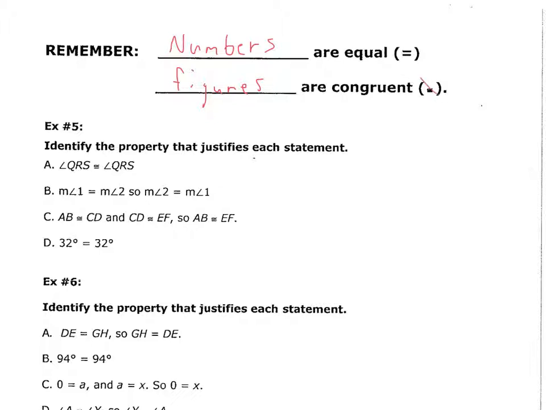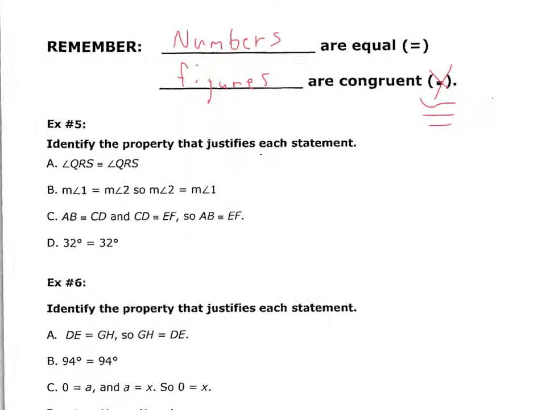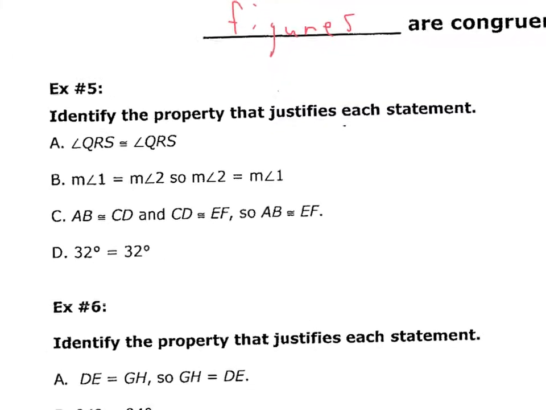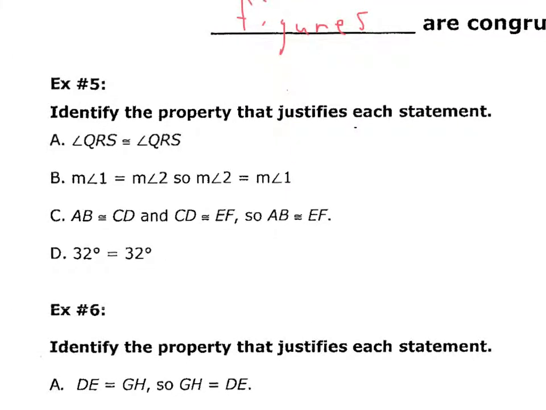And I'm not sure what this symbol is. You're going to use this symbol for congruent. Okay, so we want to go ahead and identify the property that justifies each statement, and we're going to make a little foldable later on that kind of talks about each of these different properties. Okay, so it says angle QRS is congruent to angle QRS.